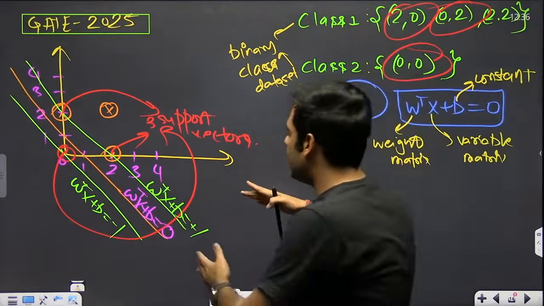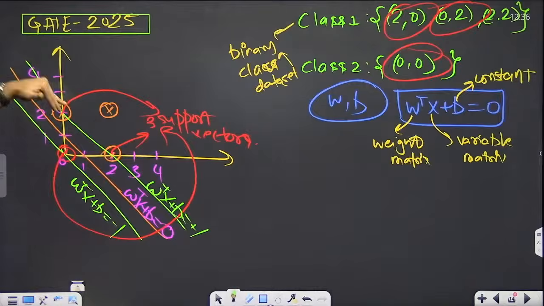From these I can make 2 planes, a positive support vector plane and a negative support vector plane. I hope that is clear, Newsbuster. They have to be parallel because these planes are drawn parallel to the hyperplane. That is the property of this.